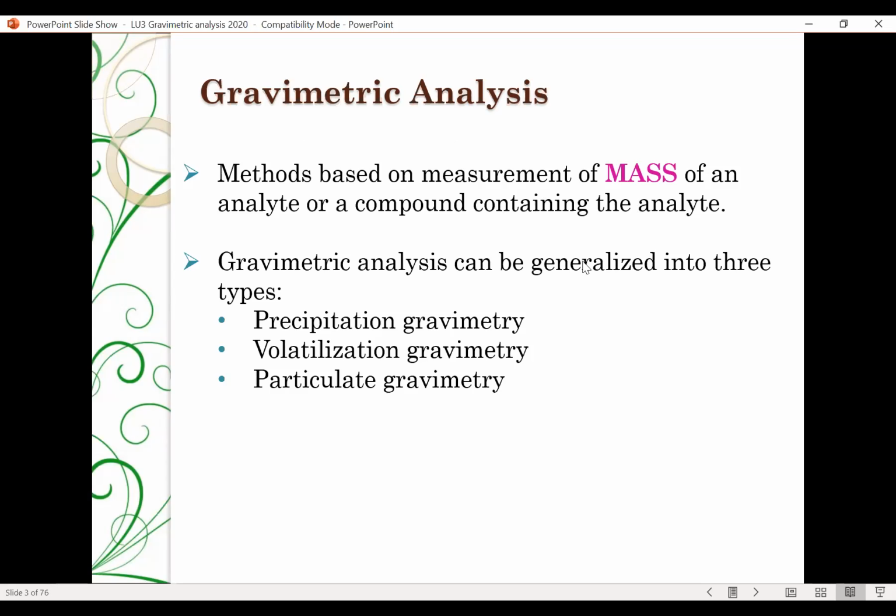There are three types of gravimetric analysis that will be covered in this learning unit, although we actually have more than these three types. Basically we have precipitation gravimetry, volatilization gravimetry, and particulate gravimetry.